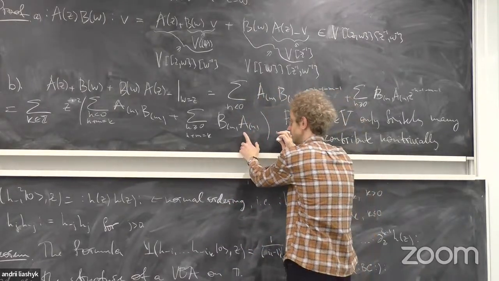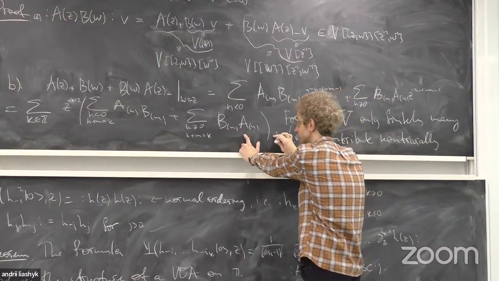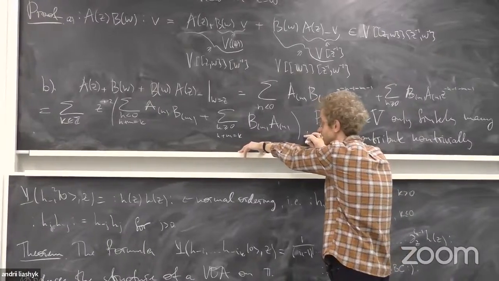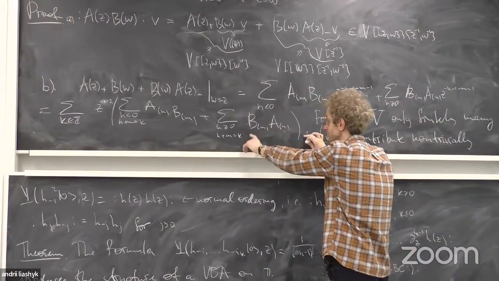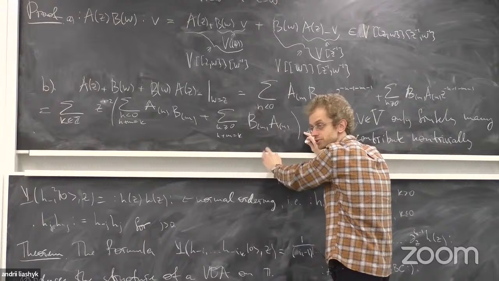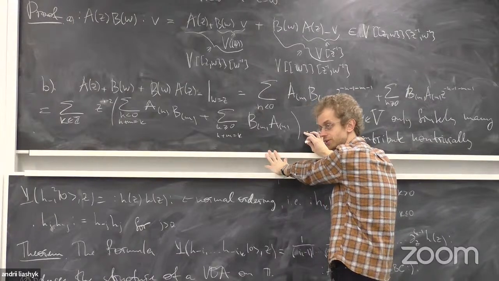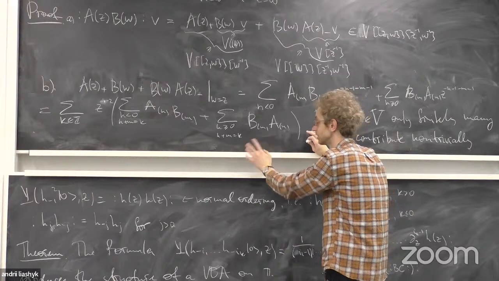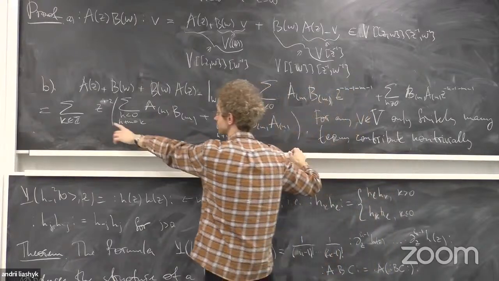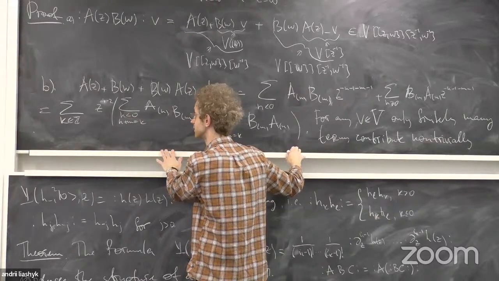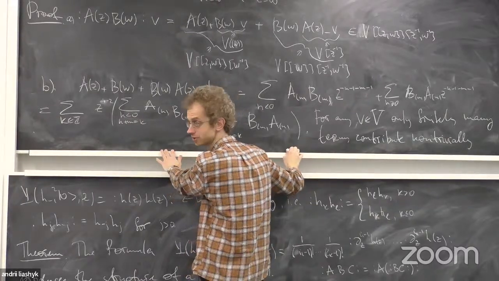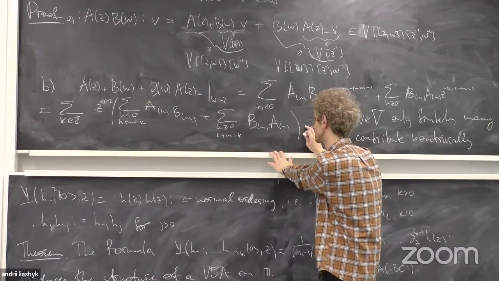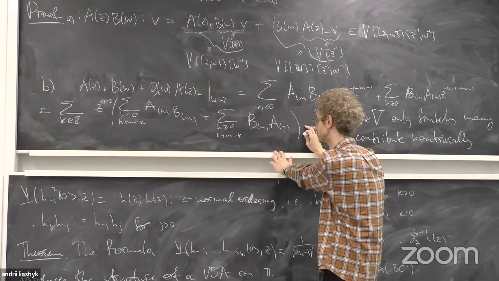So let's see here. Since n plus m is k, and there are only finitely many terms acting non-trivially, okay, let me say it like this. Suppose k is very large. Yes. So if k is very large, then what do we have?